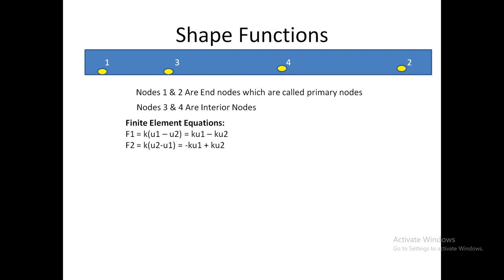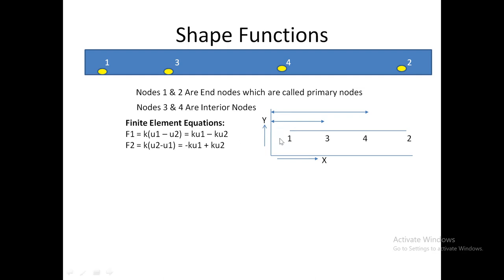Here U1 and U2 are the displacements at nodes 1 and 2, and F1 and F2 are the forces at nodes 1 and 2. After writing down the finite element equations, we can solve these equations to get the displacements at nodes 1 and 2.